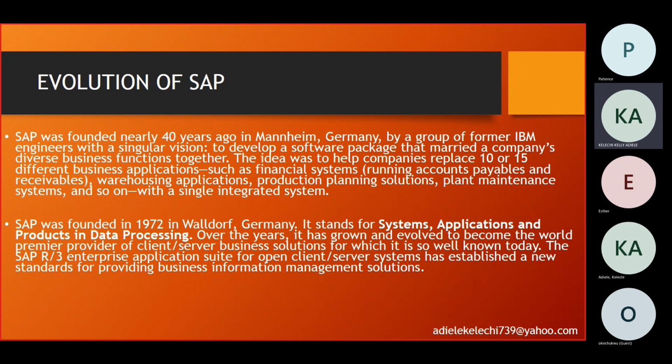We have R/3, we have ECC. ECC has different versions: ECC EHP7, EHP6, EHP5, and all that. Then we have SAP S4 HANA. Maybe in the future we'll have S5 and S6 and the rest of them. But for now, the current version that is fully cloud enabled but can also be on-premise is called SAP S4 HANA.